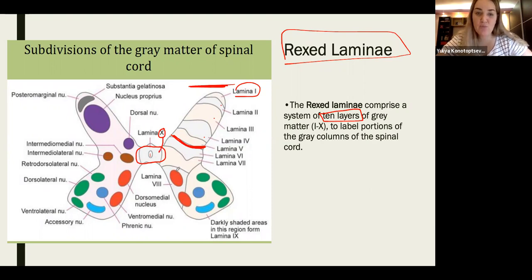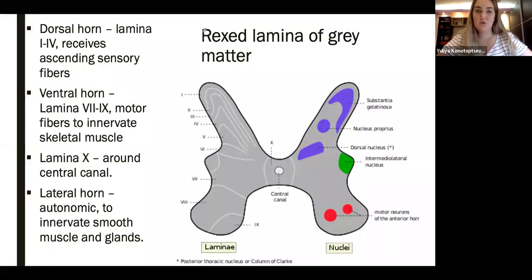Which laminae are going to be present in the ventral horn? Laminae 7, 8, and 9. What about 5 and 6? They're in the lateral horn, if you have a lateral horn. So again, in the dorsal horn, we have laminae 1 to 4.